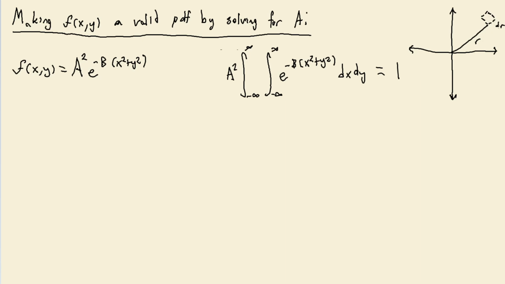And so what do we need to multiply dr by in order to get this? Well, this is just going to be a small change in the arc length of the circle produced by the radius and the angle theta. And the arc length of a circle is just r theta. And so if we want to compute this area here, we want r d theta. That's going to give us the length of this edge of the box here.